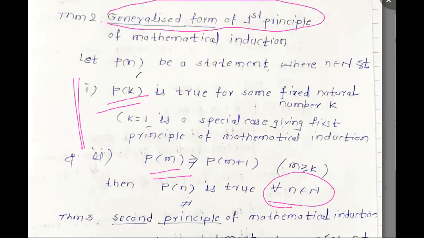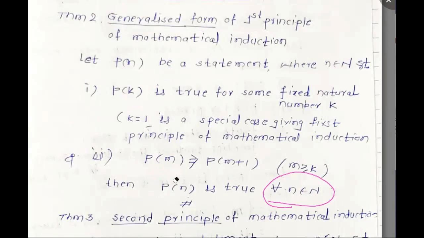So we do not need P of 1 here, which is a special case when k is 1. First condition, P of k is true for some fixed integer, and after k, P of m implies P of m plus 1. If these two conditions hold, then Pn is true for all natural numbers. So this is the generalized form of the first principle.